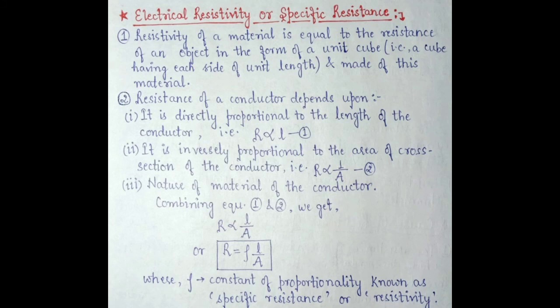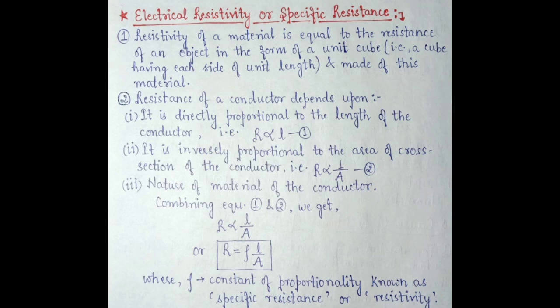Now we have to remove this proportionality sign. So in the next line, which is enclosed in the box, after removing it using the constant of proportionality which is known as specific resistance or resistivity, we have to use the symbol rho, because rho is the symbol of electrical resistivity, or specific resistance, or simply resistivity.